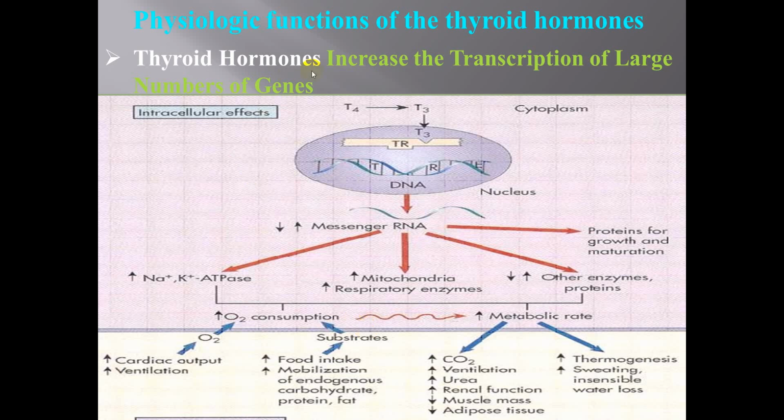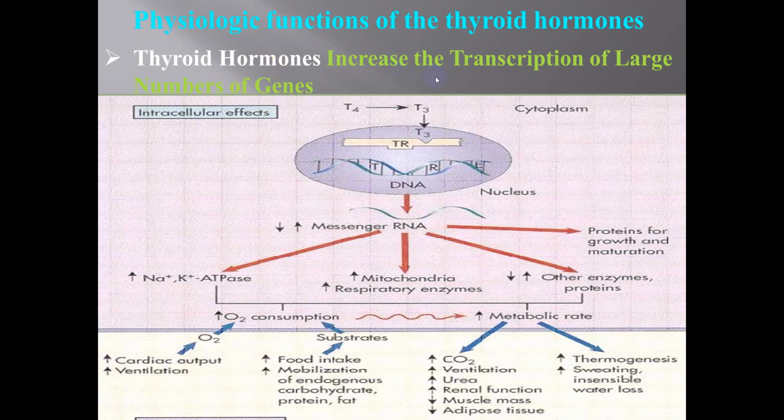Physiologic function of the thyroid hormones. إذا تتذكرون بالlecture السابقة قلنا one of the general effects of hormones هو الثايرويد هرمونز. واضح؟ قلنا الجروث هرمون اللي شرحناه والثايرويد هرمونز فهو have general effect on most of the body tissues.